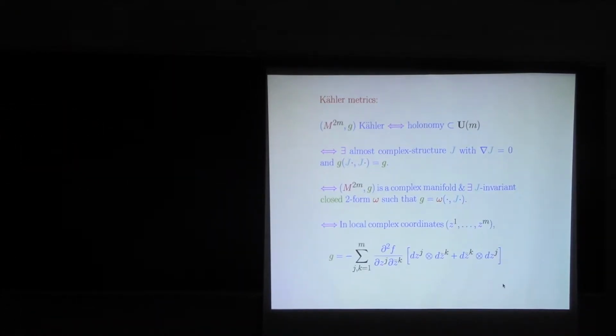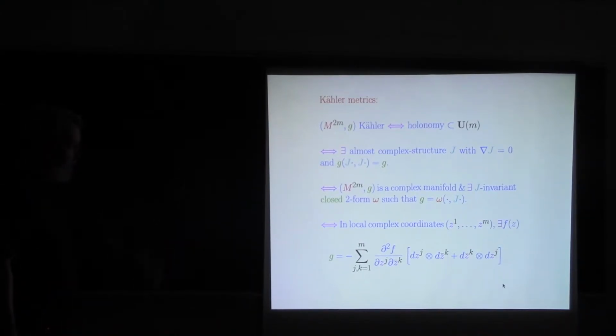The way that what Kaehler actually did was he said, let's look at the following weird class of Riemannian metrics. Take a function, take its second derivatives with respect to the complex coordinates, only consider things with one z derivative and one z bar derivative. So it's like taking the Hessian of a function, but it's actually only a piece of the Hessian, looking at these mixed partial derivatives. And suppose that this is positive definite.